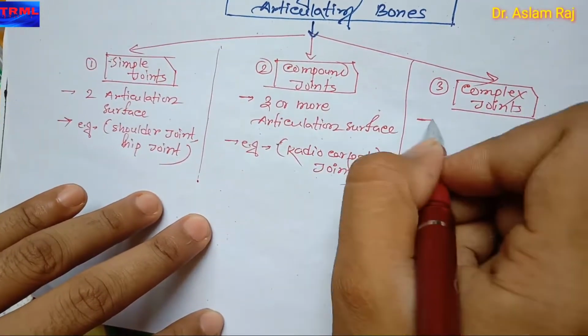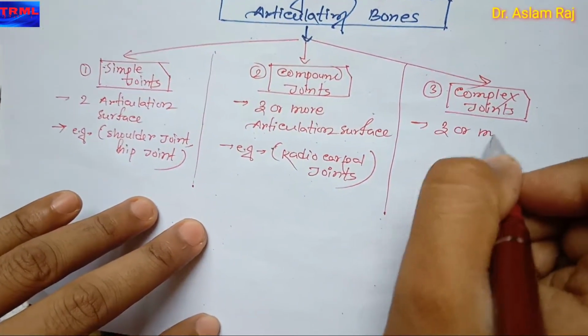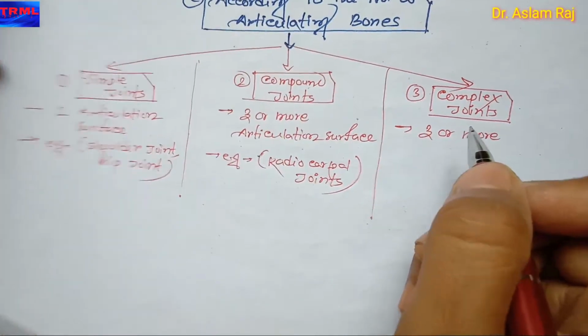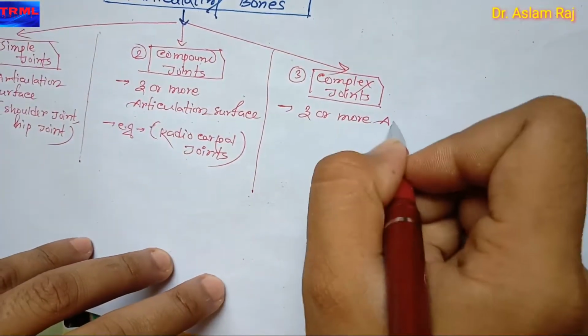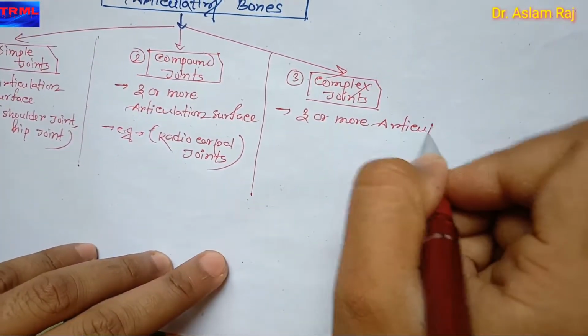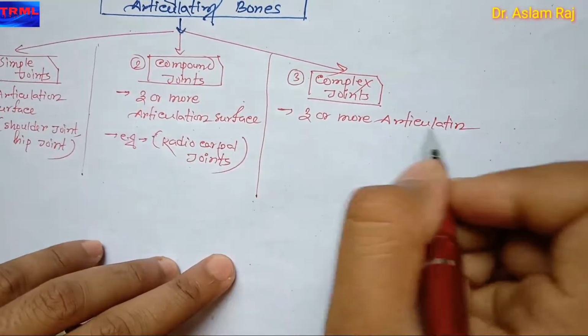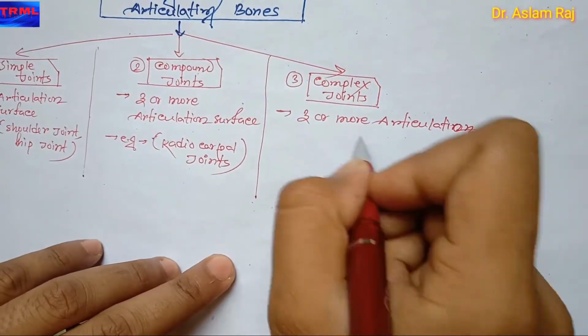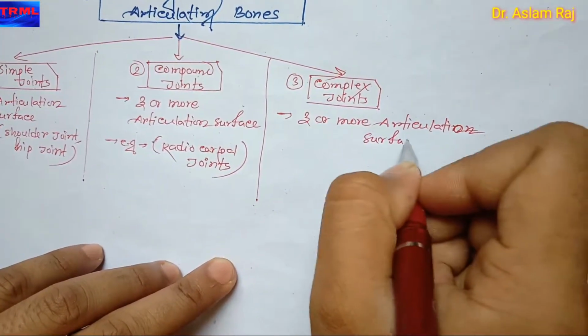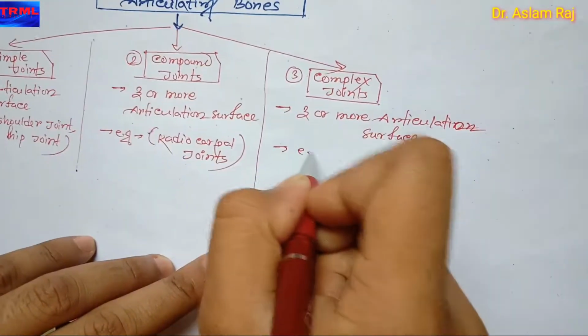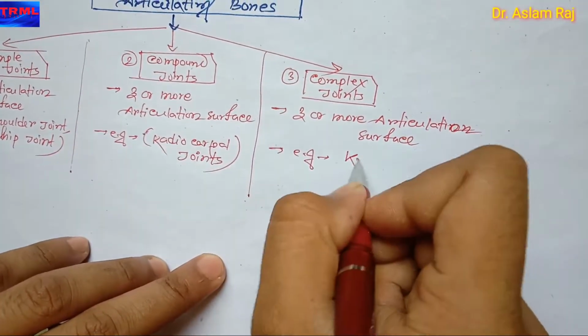Let's see the last one, complex joint, three or more articulation surfaces present here. Example, knee joint.